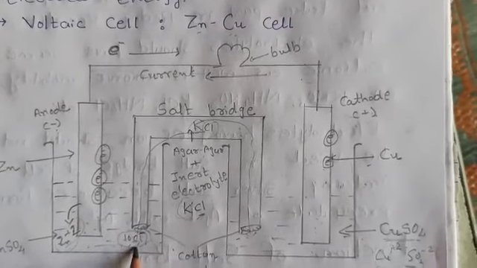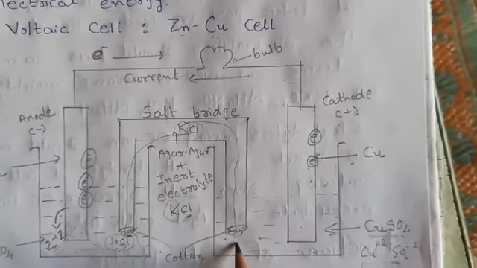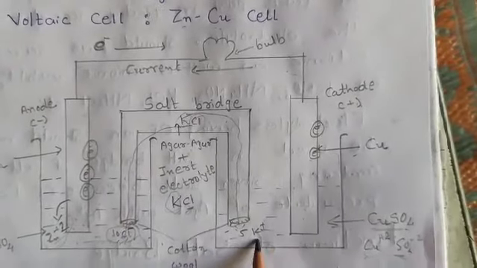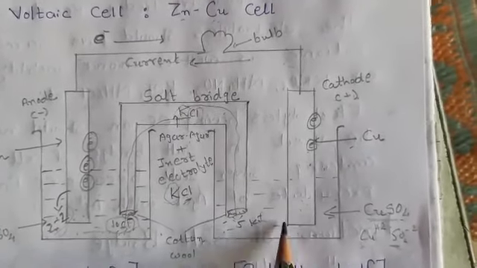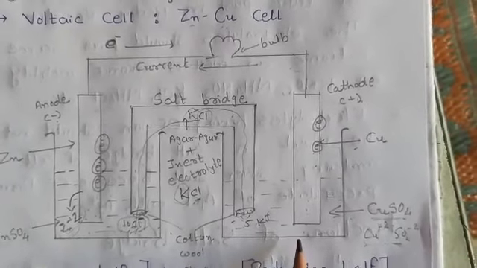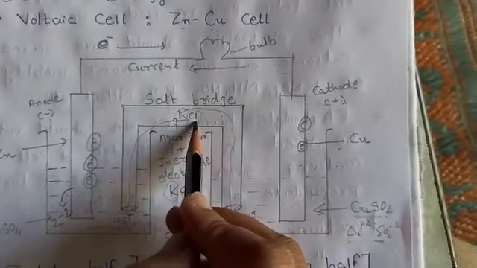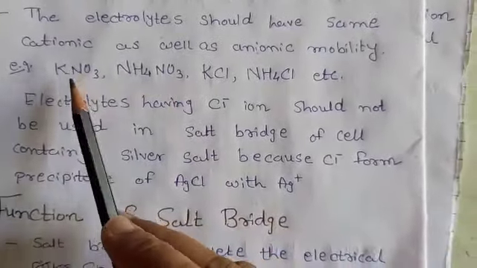Means when 10 Cl comes to this side of the cell, only 5 K+ reach this side of the cell, right? Means we can't maintain the neutrality, so the mobility of those two cation and anion should be the same.